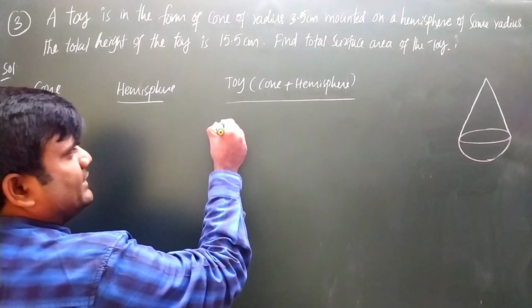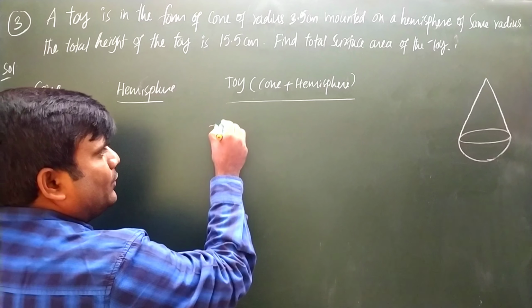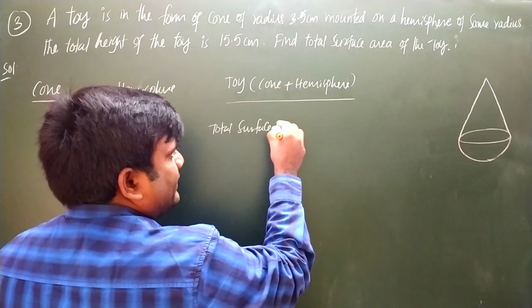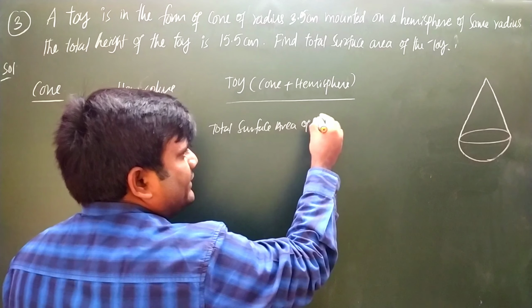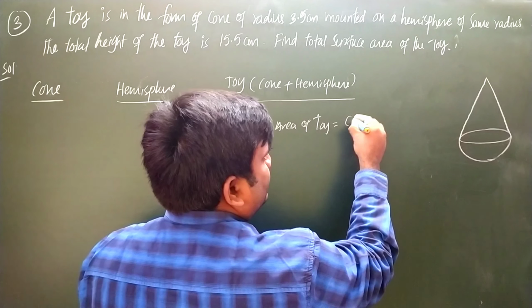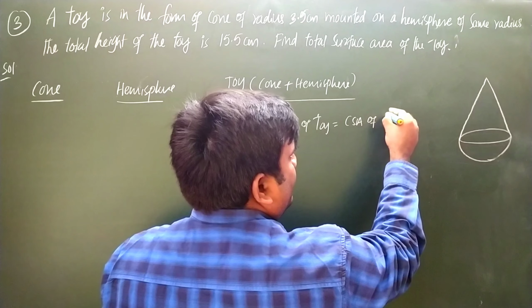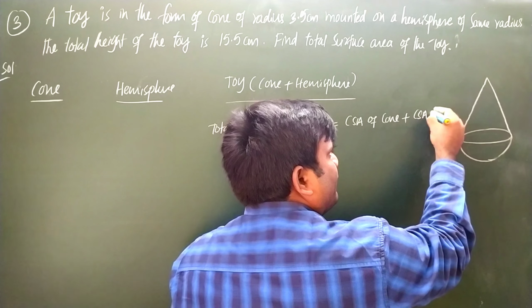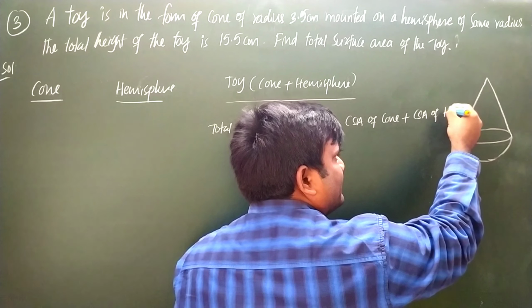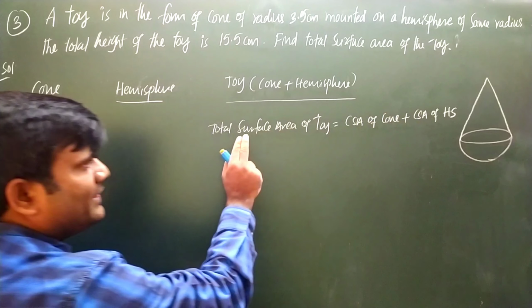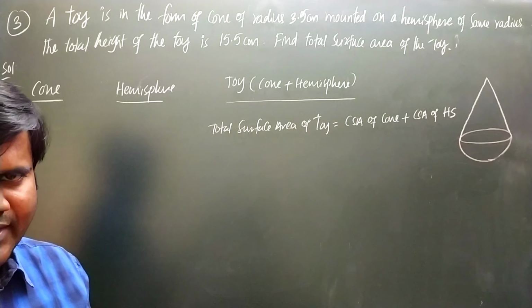So here the question is total surface area of the toy is equals to CSA of cone plus CSA of hemisphere.